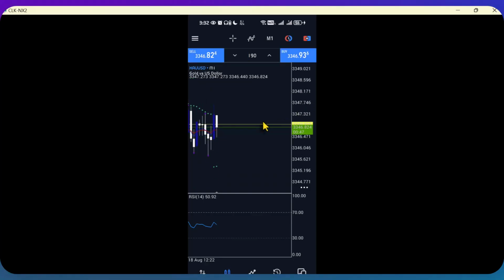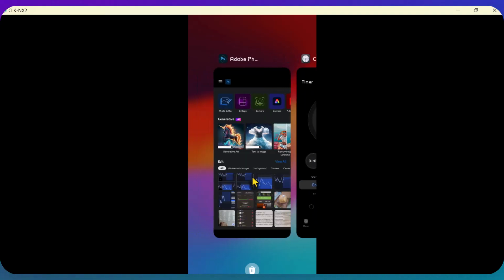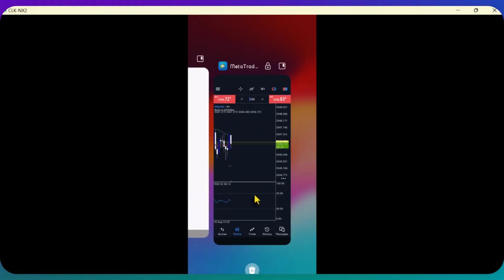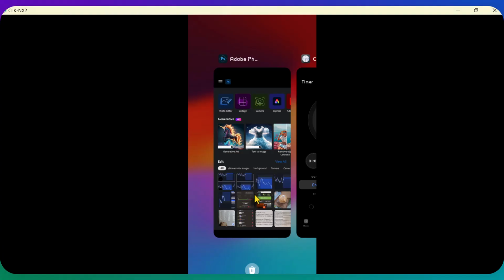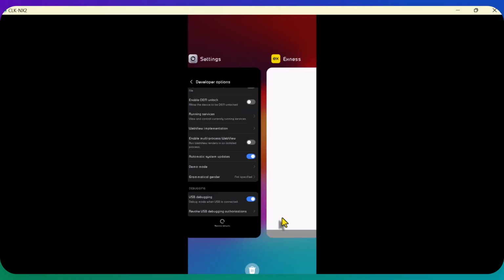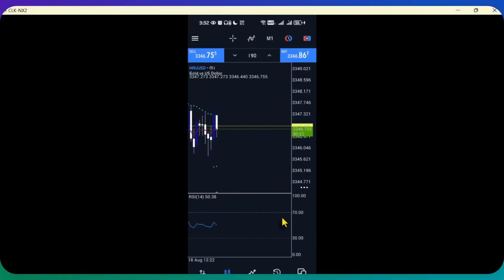So now let's pause and analyze a real chart together. Open your chart and try to figure out the engulfing candlesticks. Try to figure out the engulfing candlesticks in the charts.